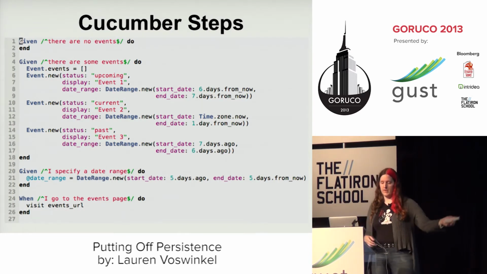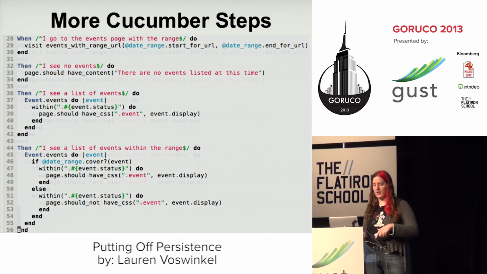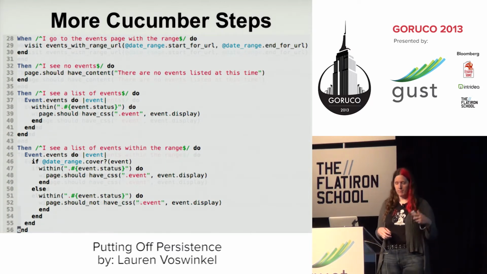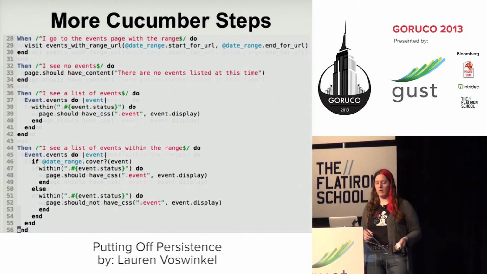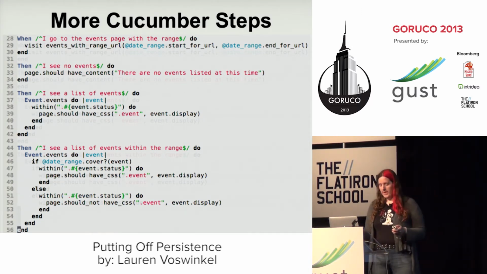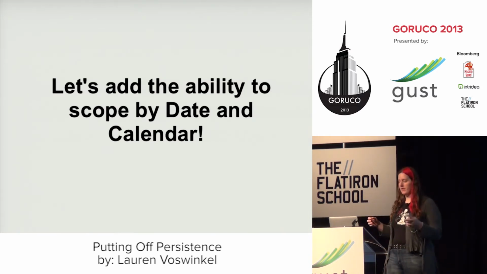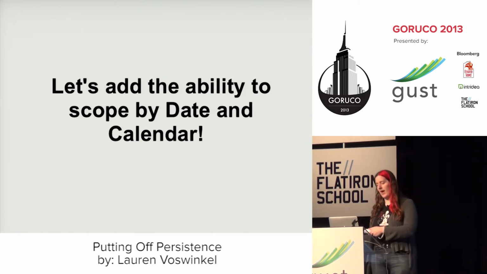In this case, 5 days ago to 5 days from now. And then there's the conditionals that say, I am seeing an event or a list of events within the range. So pretty basic.